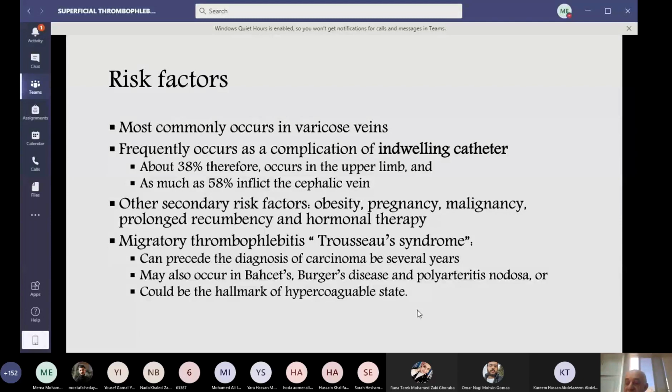They could be a hallmark of a hypercoagulable state. What do we mean by a hypercoagulable state? Sometimes there is a congenital hypercoagulable state in which there is a tendency toward more and more thrombosis. The sole presentation of the patient in such conditions could be superficial thrombophlebitis.